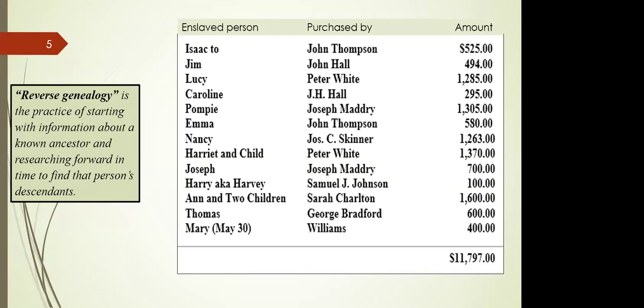Now, I know you may be curious about the project in general, and you can search YouTube for a talk that I give that is all about the whole project, but our focus for tonight is going to be on this individual, Joseph, who was purchased, coincidentally or maybe not coincidentally, by someone named Joseph Madry for the price of $700.